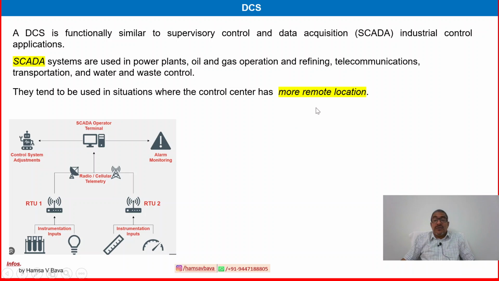This is one of the important and prime differences. They tend to be used in situations where the control center has more remote locations. For example, an oil and gas production field has a lot of remote locations, and data comes from different remote locations.